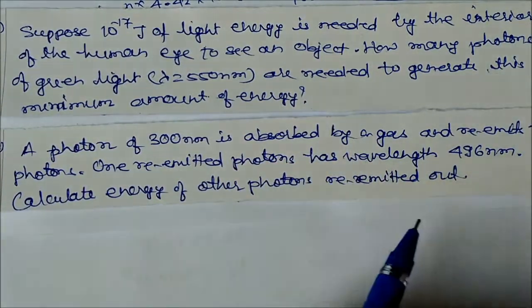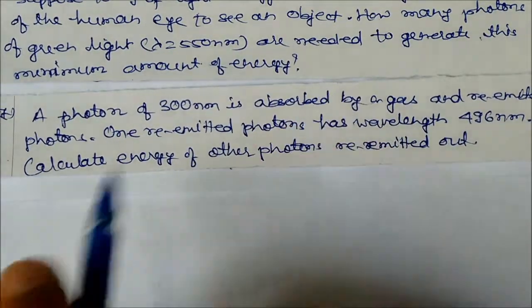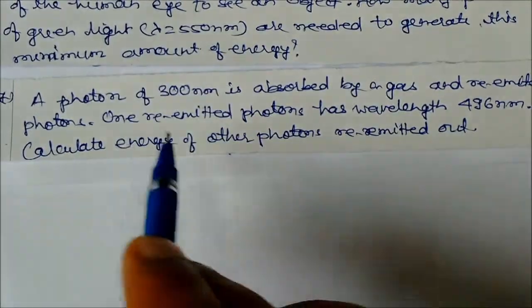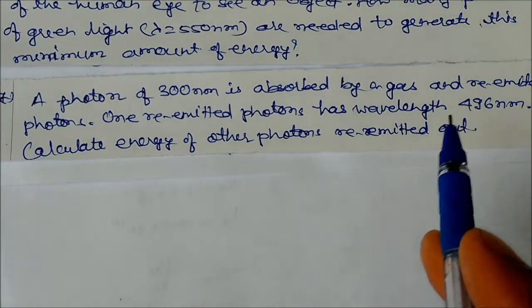A photon of 300 nanometer is absorbed by a gas and re-emitted as two photons. One of the re-emitted photons has wavelength 496 nanometer.